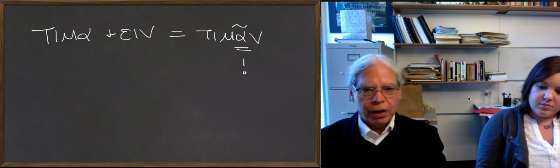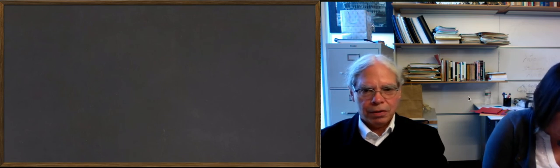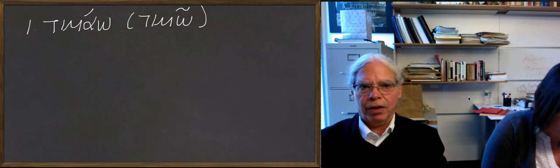All right, but the last thing we want to look at is the principal parts of any alpha contract verb. They're always the same. So the first principal part is written out as timao, but it's actually timō. We write it out as timao so that you know that it's an alpha contract verb, because there are contract verbs from other things.